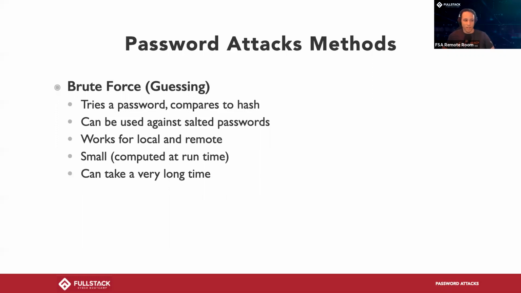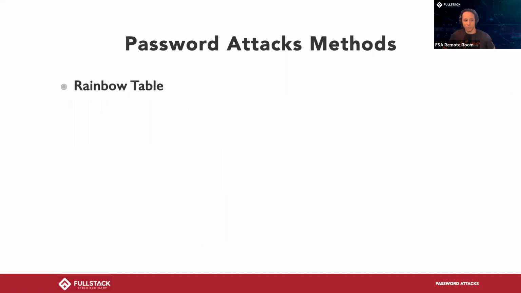So that's one way. The alternative is what's called a rainbow table. This is where we sacrifice space to get ourselves some time. And you'll notice that it's very common in computer science. We're always balancing space and time. In this case, we're going to use some space to save ourselves some time.